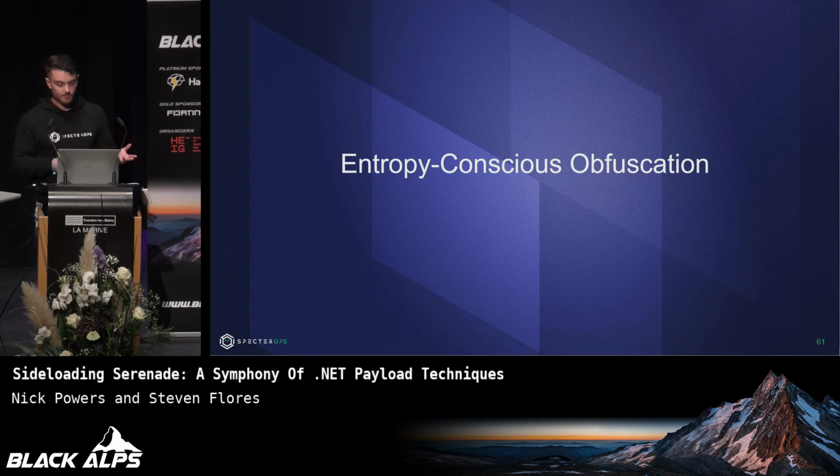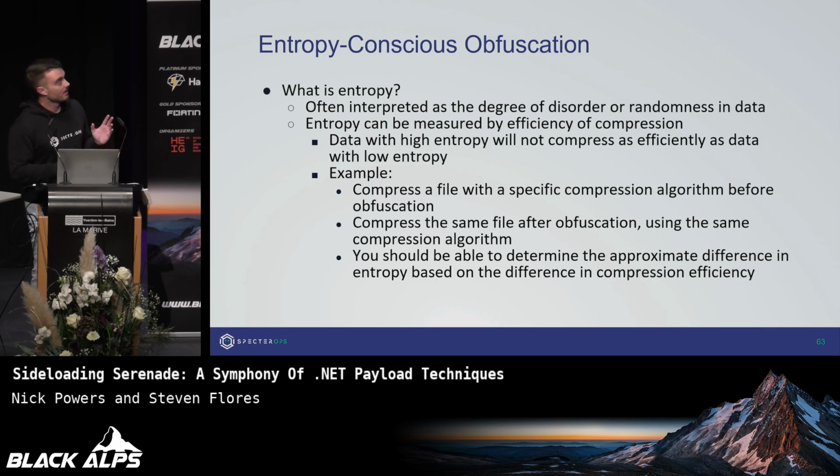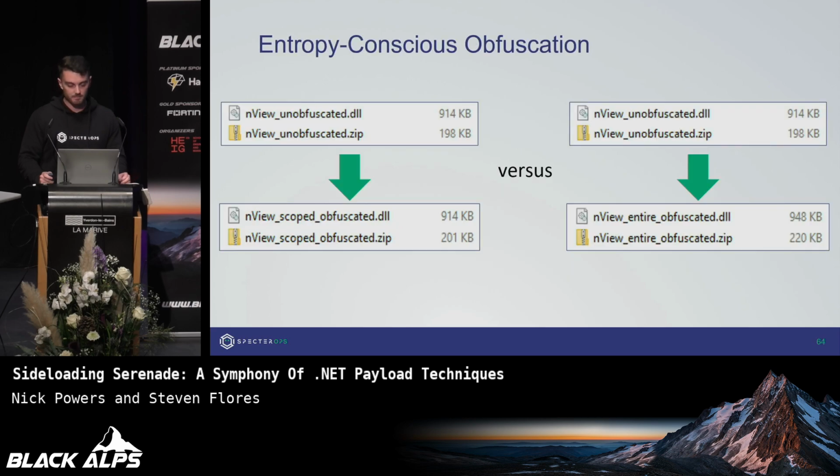So speaking of entropy and obfuscation, instead of just talking about obfuscation in general, we're going to focus on entropy conscious obfuscation. Entropy is often interpreted as some degree of disorder or randomness in data, but we can make a rough estimate regarding the entropy of an assembly by making use of lossless compression.